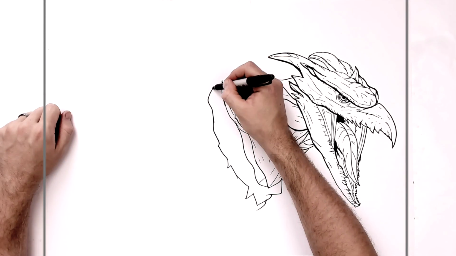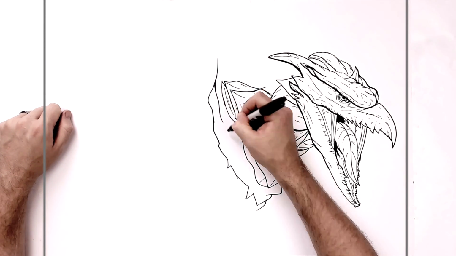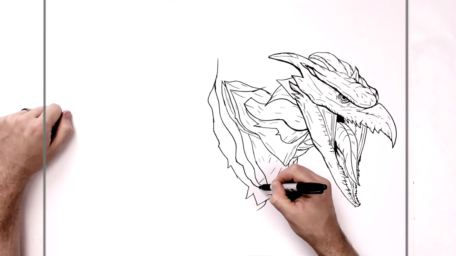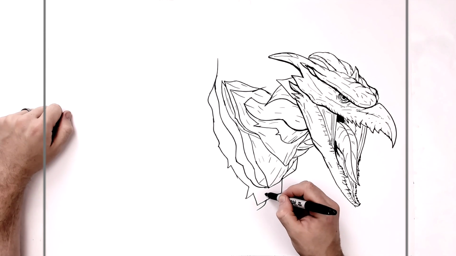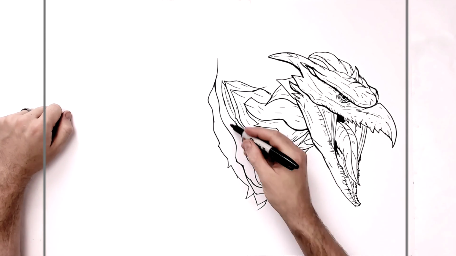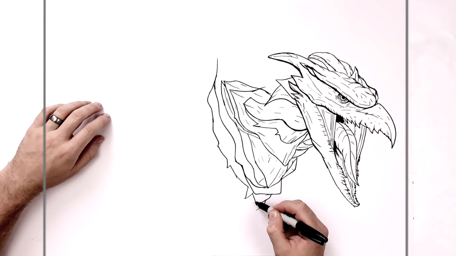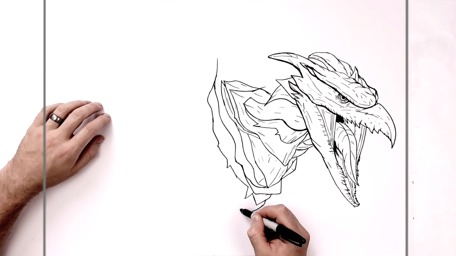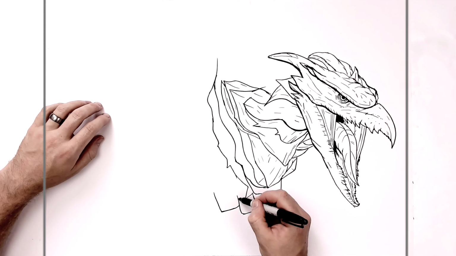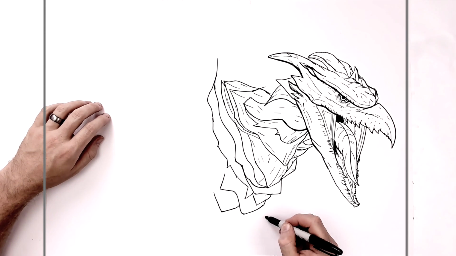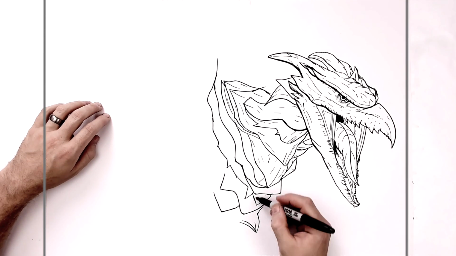And this eventually would become his shoulder going off up this way. Let me just add some more. Spike lines and stuff for his chest. And then there's some more sort of armor and bones and things sticking off here.